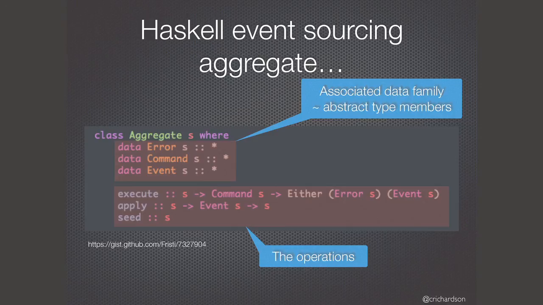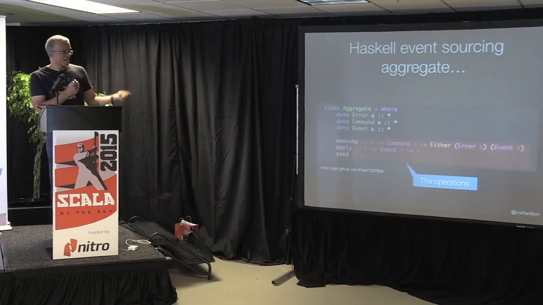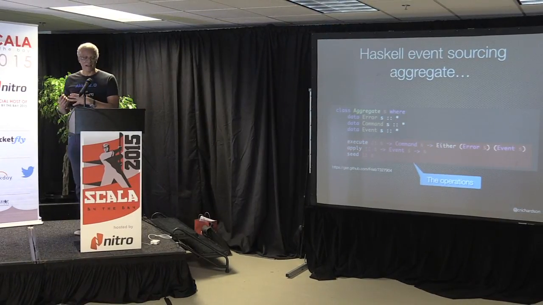So it says, a type S is an aggregate if it has these operations. Execute, which takes an aggregate and a command and gives you back either an error or an event. And then apply takes the aggregate and an event and gives you back an updated aggregate.